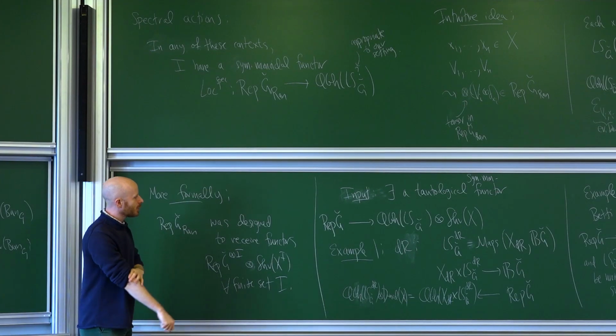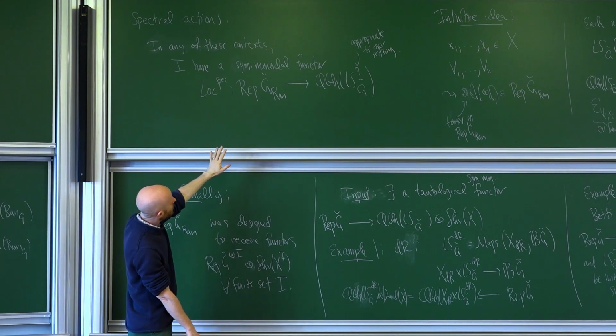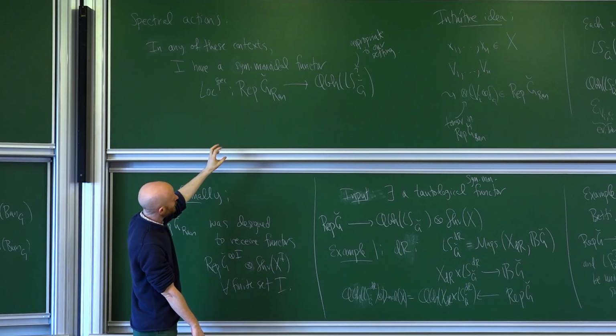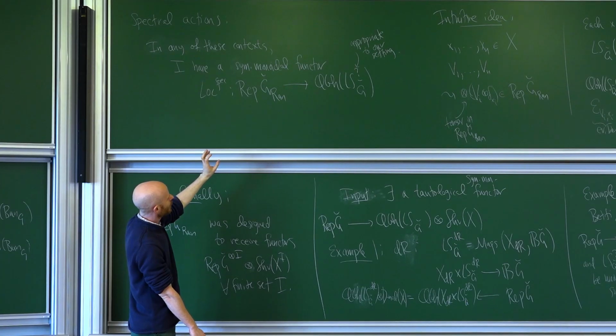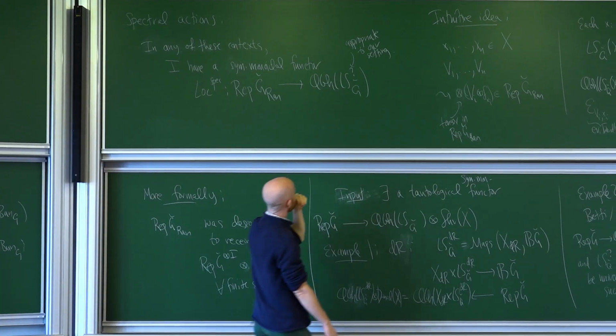It didn't have to be a global curve by any means. It knows stuff about the topology of X, but you should think of it as something of local nature, and you should think of this space as something of global nature.